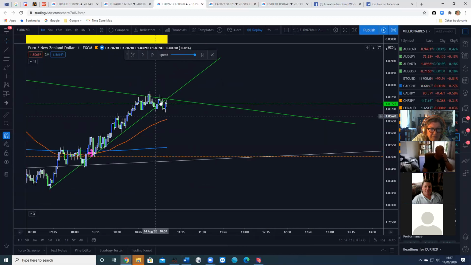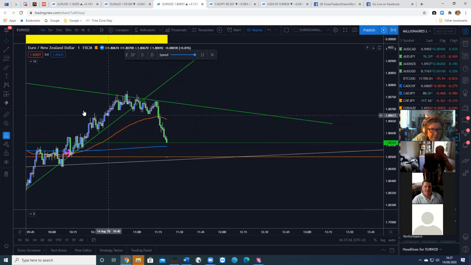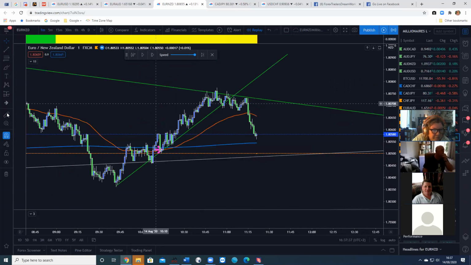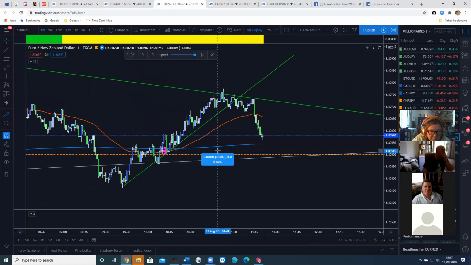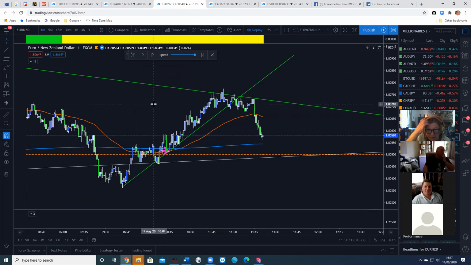Stays above the 62. And now it starts to drop. So how many pips is that? That is 25 pips exactly. And then you can see the stalling out here and then it quickly dropping again.